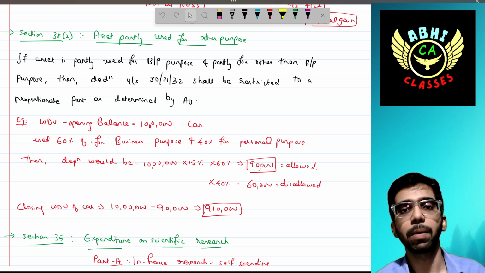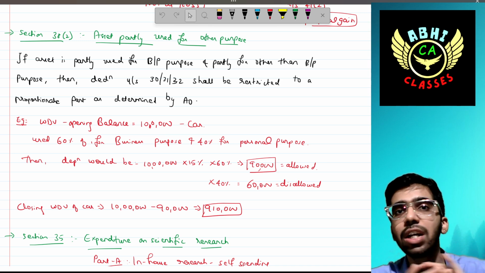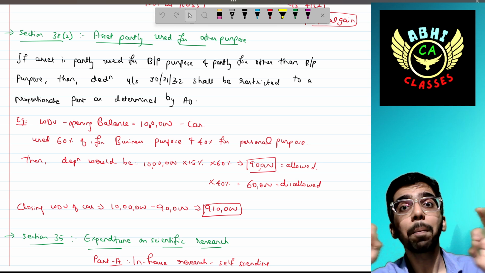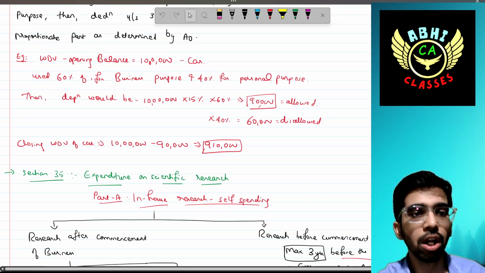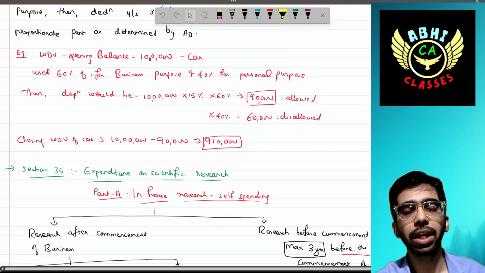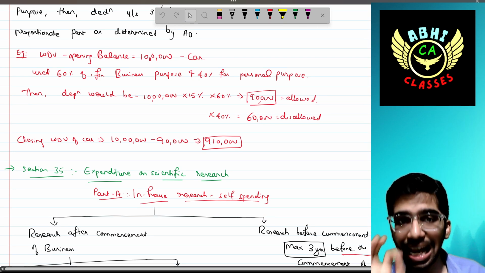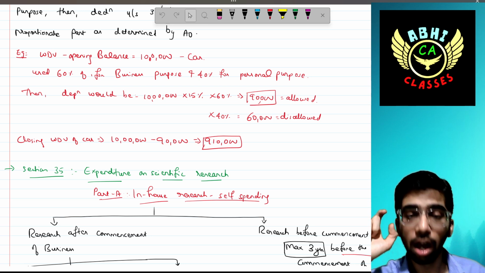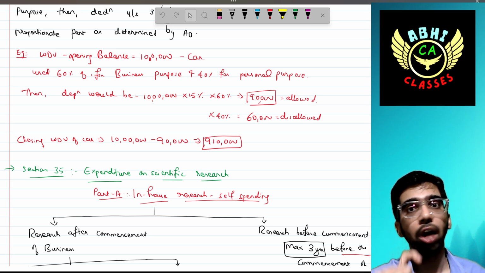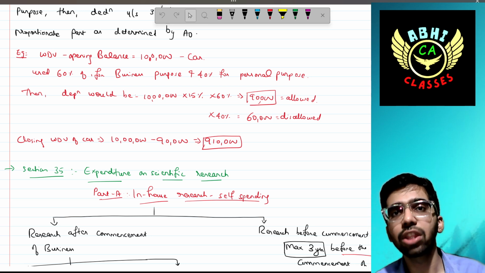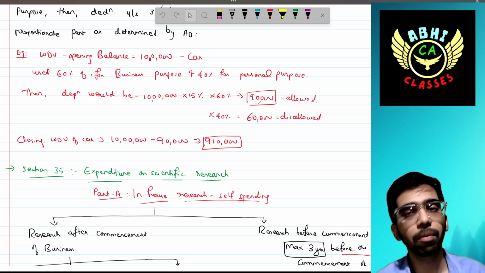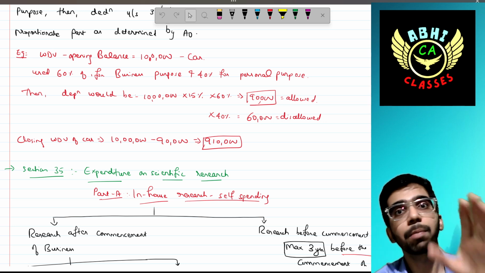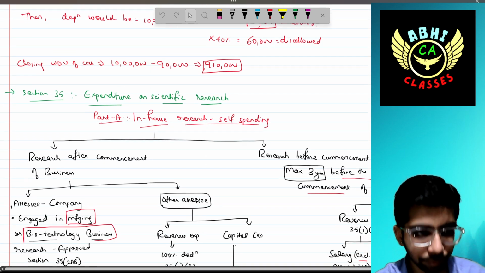The remaining 40%, that is 60,000, is fully disallowed because it is used for personal purpose in this example. So the closing WDV of the car would be 10 lakh minus 90,000. 90,000 why? Only the allowable depreciation we have to count. So 9,10,000 would be the WDV, which would form part of your balance sheet as per the taxation rules.